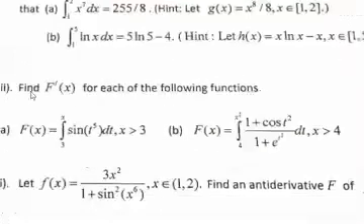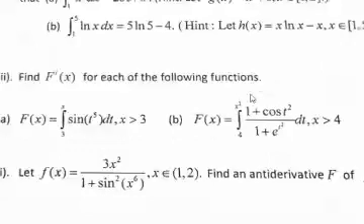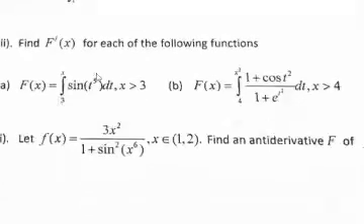And the second part, find F prime, uppercase F prime, for each of the following functions. I think you can do these now very easily. Right here, capital F is defined as the integral from 3 to x of sine of t to the 5 dt. Alright, and this one too.